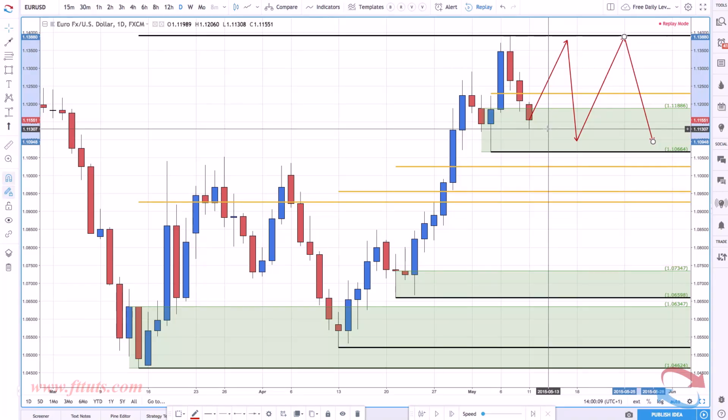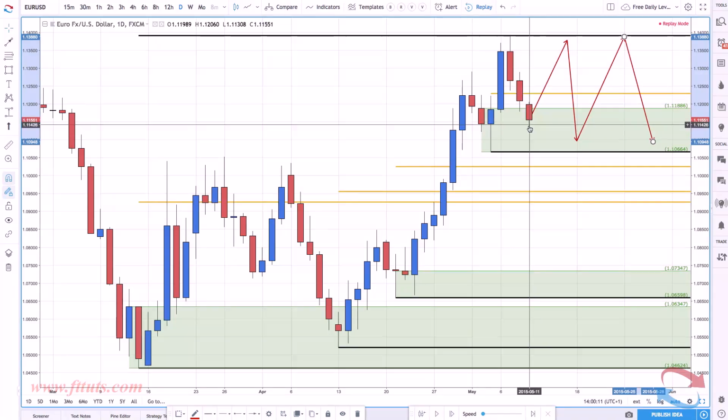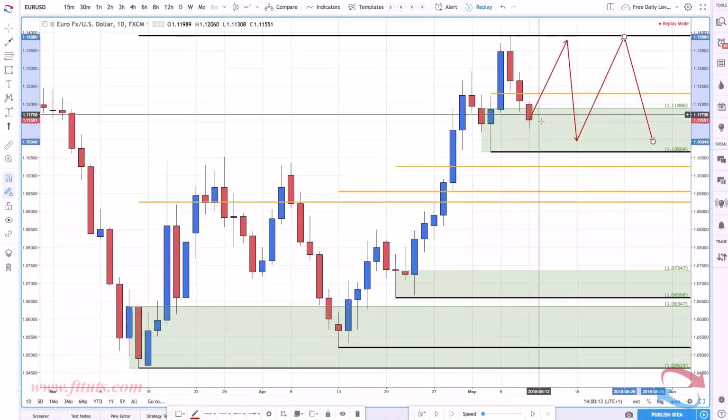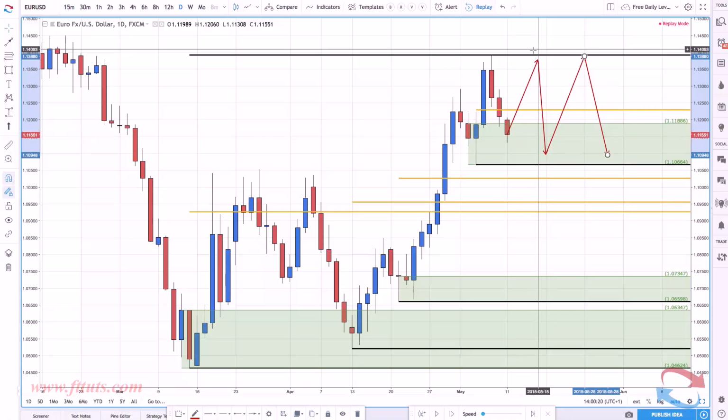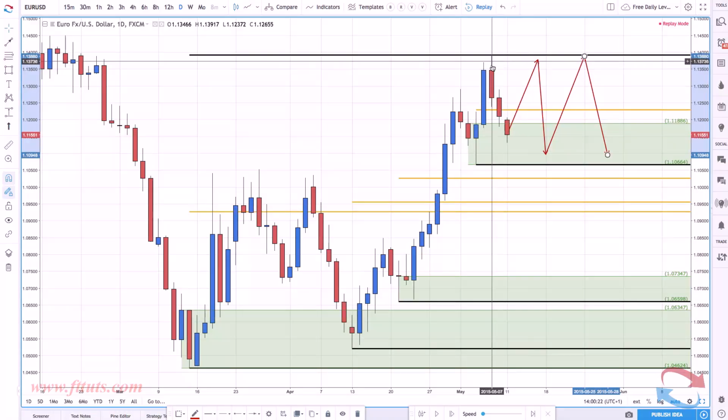So I want to look for at least 200 pips for a range before looking to buy, if I'm looking to buy at highs. And I also have to believe that prices can potentially go higher, or at least go up to this area, right?